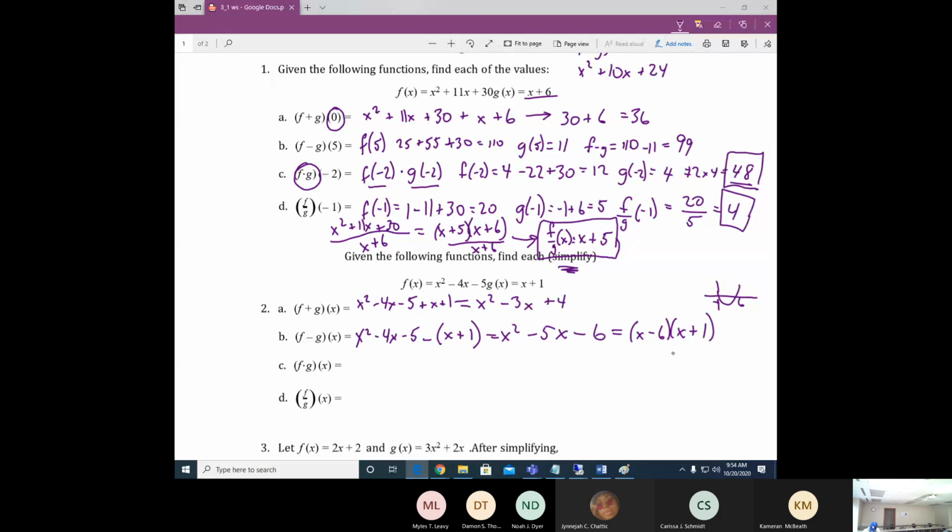Sure. If they had said simplify and factor, now this one, if I couldn't factor, my only option is to feed it to the quadratic formula, and I have to do negative b plus or minus the square root of b squared minus 4ac, minus 4 times 1 times 4.